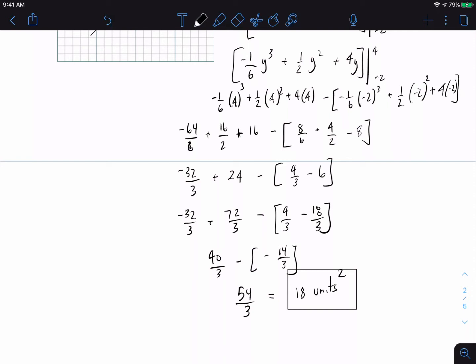I know that one was quite a bit, but I wanted you to be able to see a horizontal slice integration problem because they're coming when we do volumes. So you need to be able to manipulate in terms of dx or dy and see which is the easier one to use.